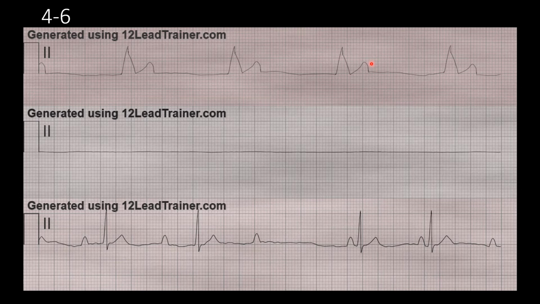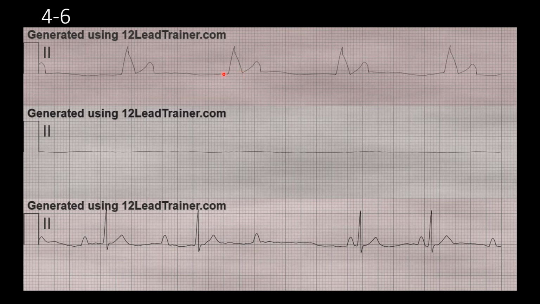There are no P waves, and so therefore we can't get a PRI, but our QRS complex is pretty wide. So what that tells us is this is something that is originating down in the ventricles rather than up in the atria or sinus area.